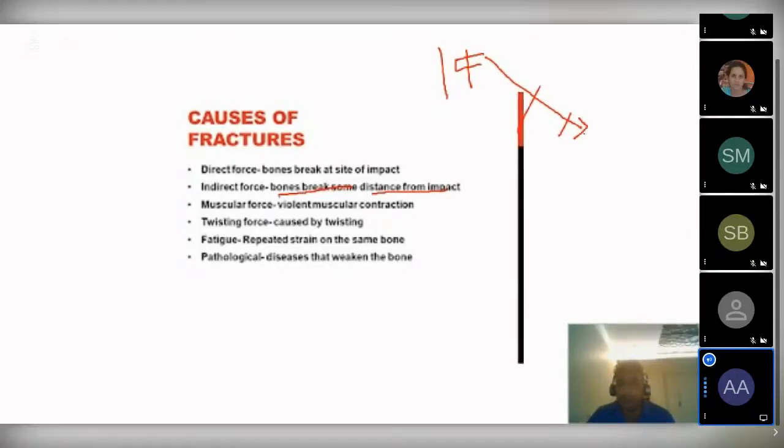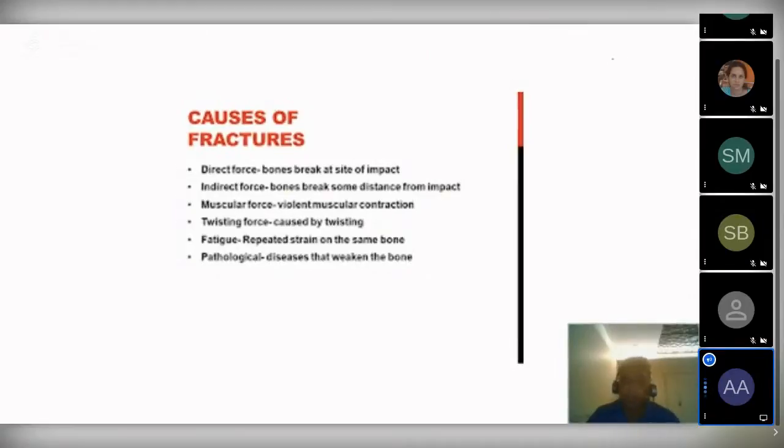So if the wrist touches the ground and the fracture happens there, it is a direct fracture. But if the force is transmitted anywhere along the axis of the upper limb, the fracture is an indirect fracture. The force is applied elsewhere and the fracture is similarly elsewhere.